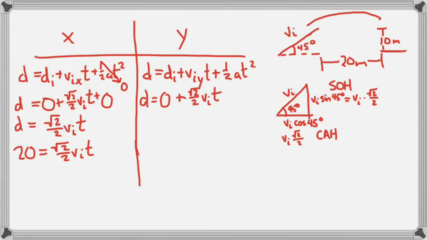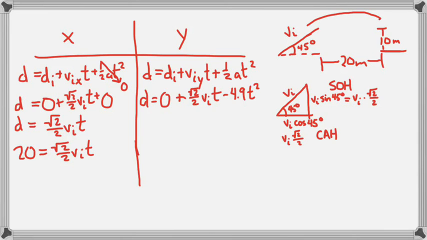And let's see here, acceleration in the y direction, what is that? Hopefully you just said that's the acceleration due to gravity, which is negative 9.8. And when we multiply negative 9.8 times 1/2, what do we get? Hopefully you told me right away that is negative 4.9. So we get negative 4.9, or minus 4.9 t squared.